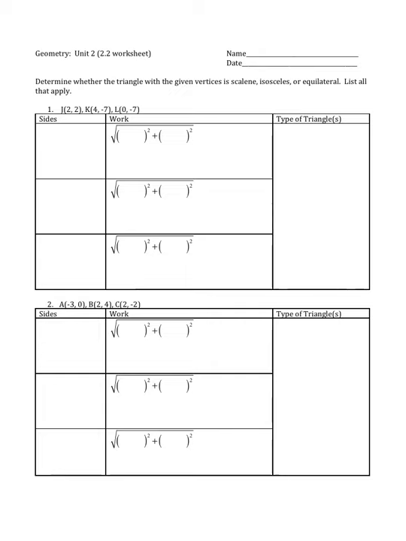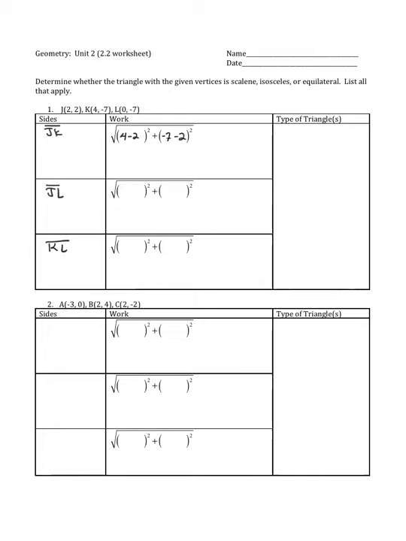All right, I'm going to start with side JK. Then I'm going to do JL. Then I'm going to do KL. So I've got my three sections for my three equations. For JK, I'm taking my X's, 4 minus 2 squared, my Y's, negative 7 minus 2 squared.